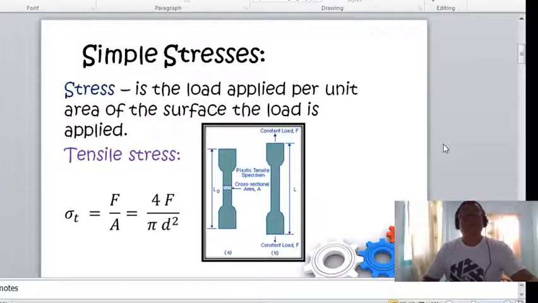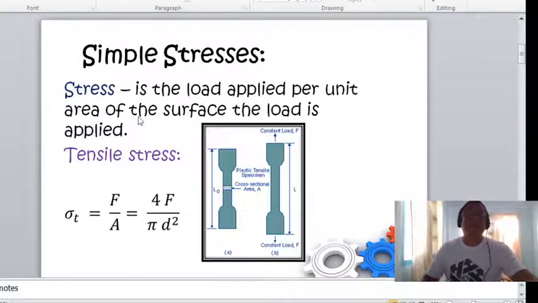For tensile stress, we have here an illustration showing the application of the load. We will notice that the load is pulling apart on both ends.